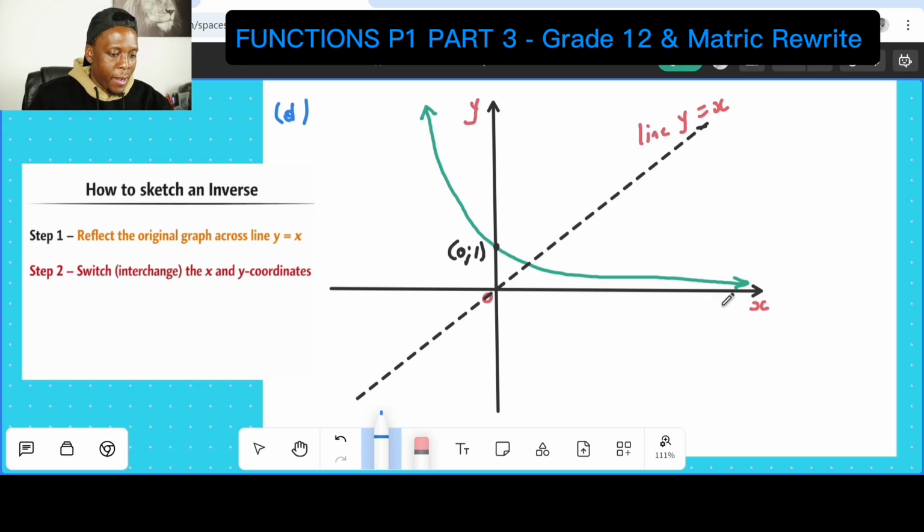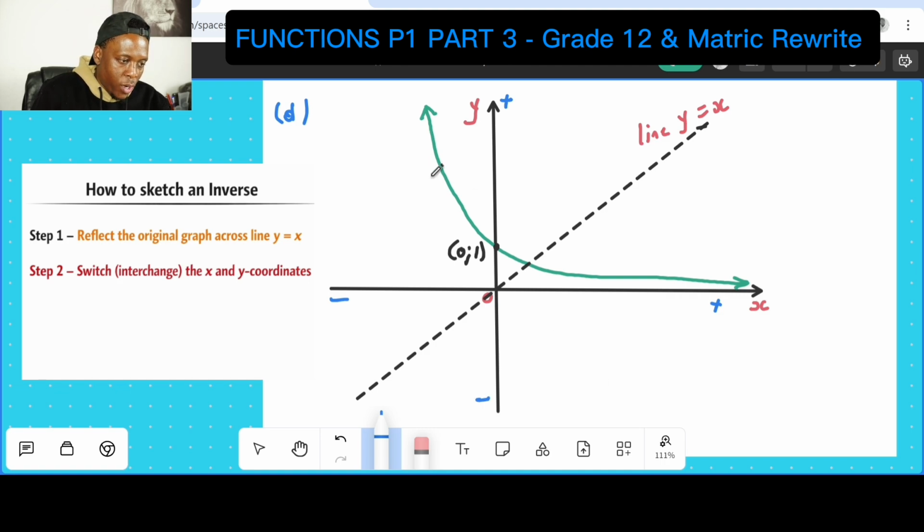Firstly, remember, this side is a positive x-axis. That side is a negative x-axis. Up here, a positive y-axis, and under 0 here, a negative y-axis.